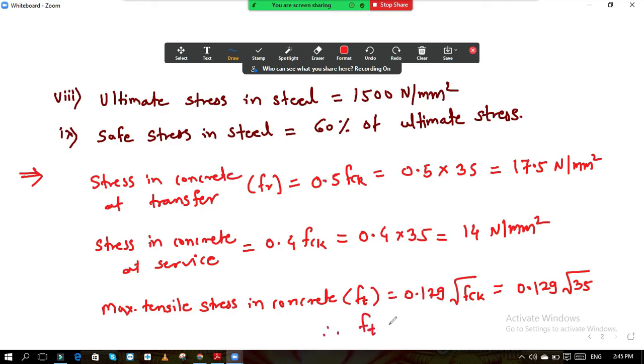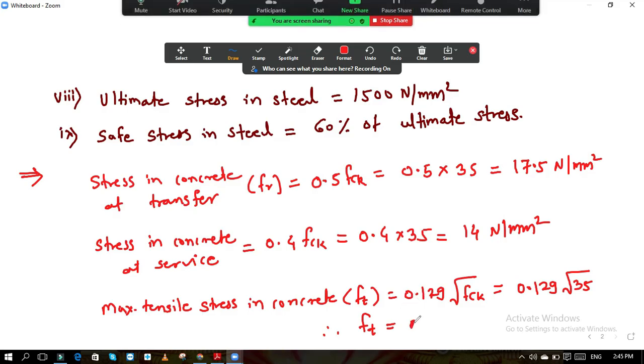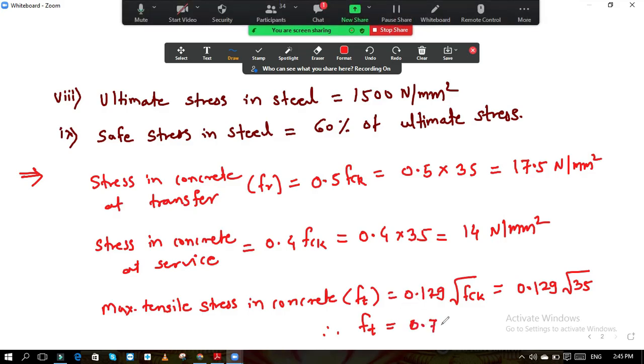Therefore, Ft is equal to 0.76 Newton per mm square. This is the tensile stress. So these are the stresses in concrete at transfer, at service, and allowable tensile stress or maximum tensile stress.